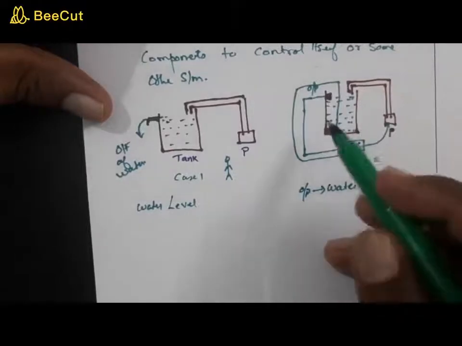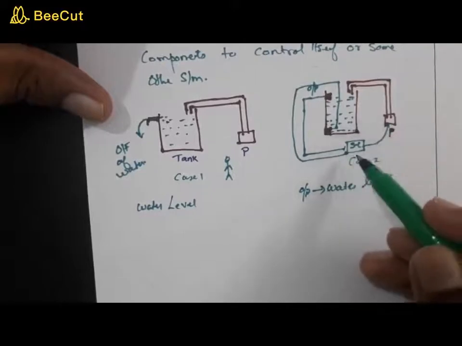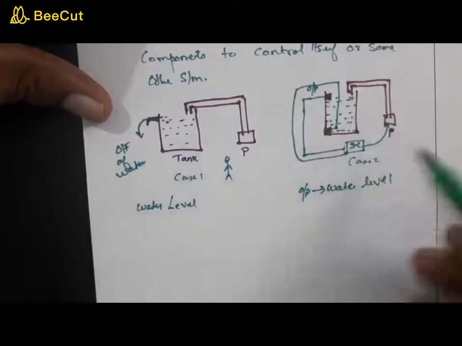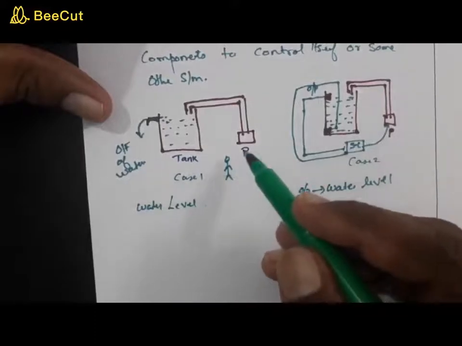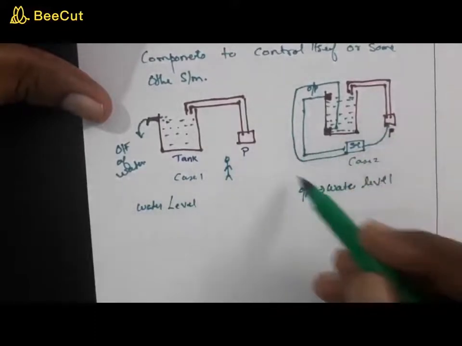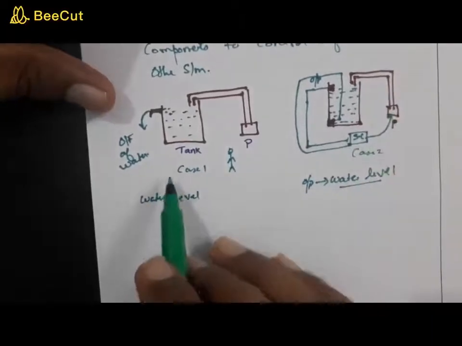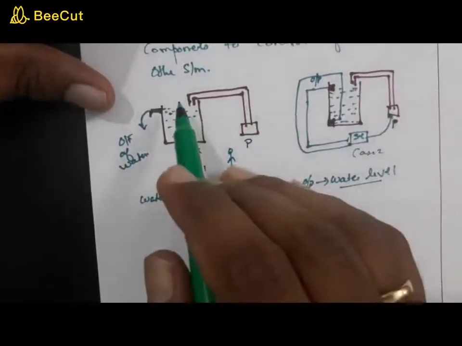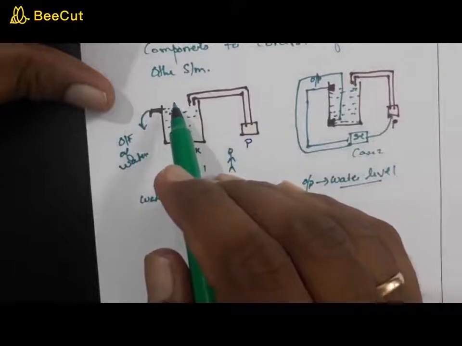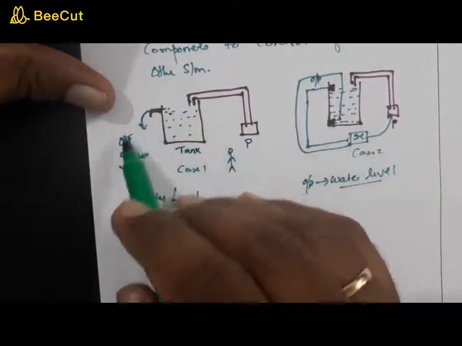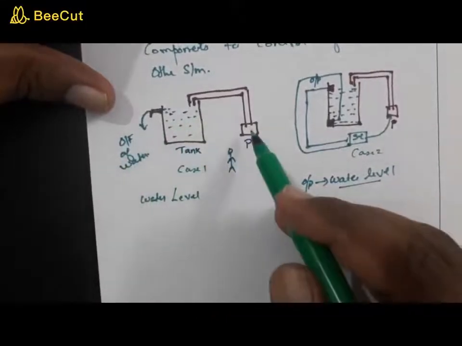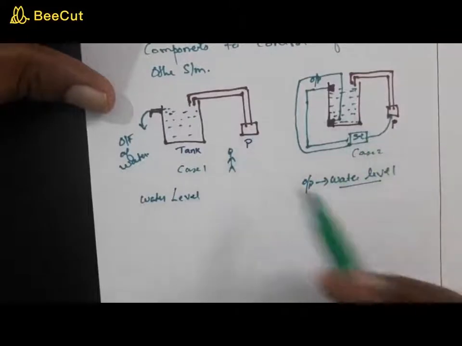So what type of control action is happening here? In both cases, the control action is switching off the pump. In this case the control action depends on the water level, while in the other case the control action is not depending on the water level, but only once the water level reaches the nozzle, the overflow makes a person switch off the pump. So that's a difference.